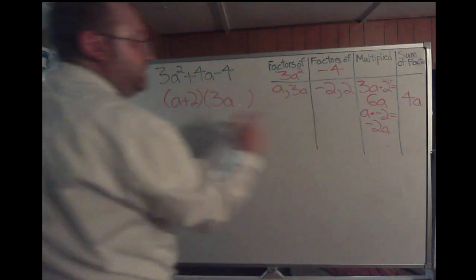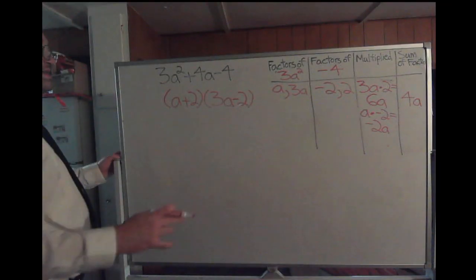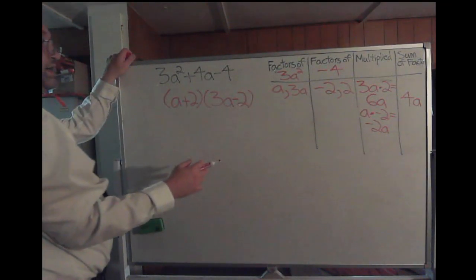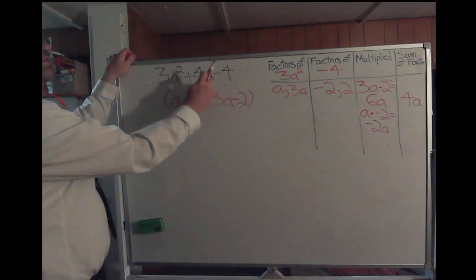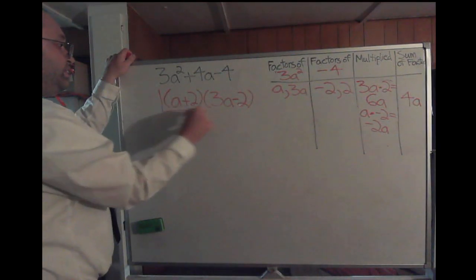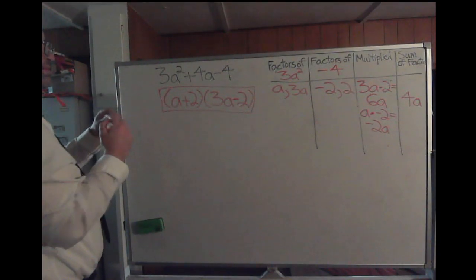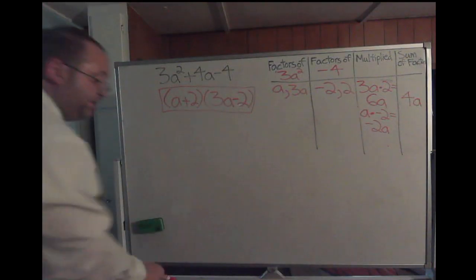Which means I multiplied a by negative 2, so I'll have 3a minus 2 for my second quantity, because I'll do a times negative 2, which would give me negative 2a, plus that 6a gives me 4a. So the answer you should get for this quantity would be a plus 2 times the quantity of 3a minus 2.